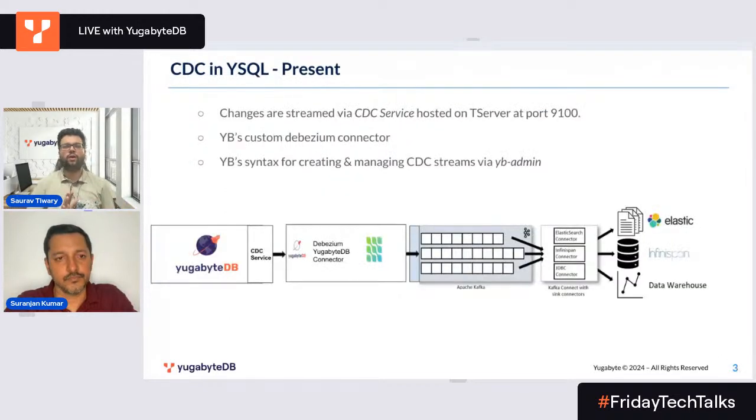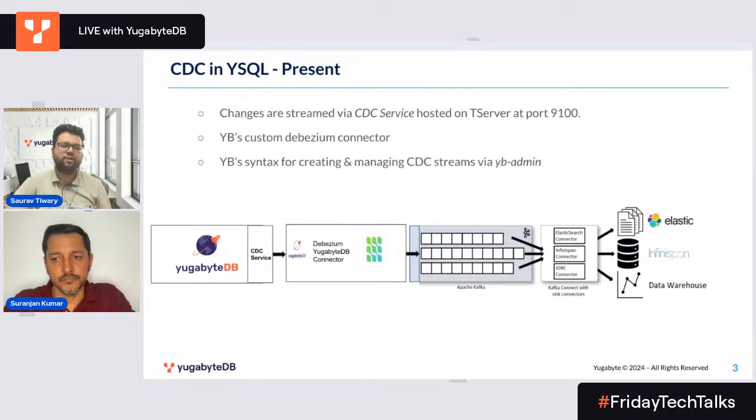So let's talk about the current CDC offering, before we get to the new offering that we are discussing. Right now, changes are streamed via a CDC service, which is hosted on the tablet server. Each machine in your universe hosts a tablet server, and on that there is a service named CDC service.